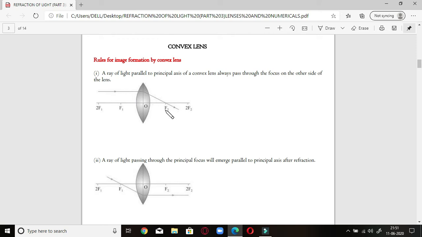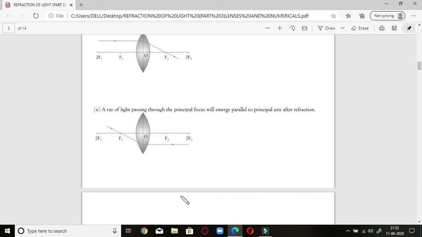Okay, this is the first thing, that parallel rays which are coming parallel to the principal axis will always be concentrated at f2. Second is a ray of light passing through the principal focus will emerge parallel to the principal axis after refraction. So those rays which are passing obliquely through the focus, after striking the surface in the middle of the convex lens, will move parallel to the principal axis, and you need to show the arrow. I hope it is clear.